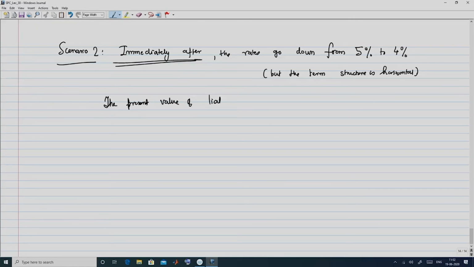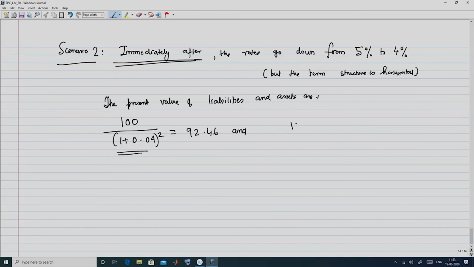So in this case also, the present values of liabilities and assets are the following. Your liability again, you recall, was 100, and its present value is going to be 100 divided by 1 plus 0.04 squared, where the interest rate is 0.04, equivalent to 4%, and this is going to be 92.46.